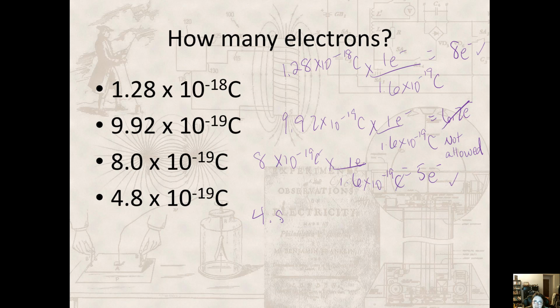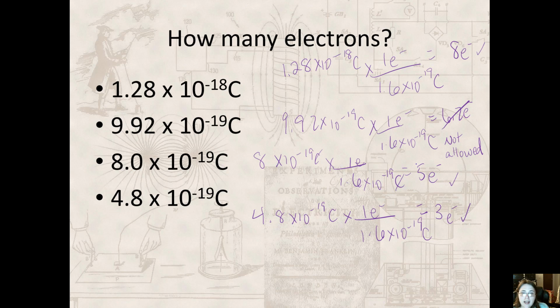Then 4.8 times 10 to the negative 19th coulombs divided by 1.6 times 10 to the negative 19th coulombs per electron is equal to 3 electrons. This is allowed.